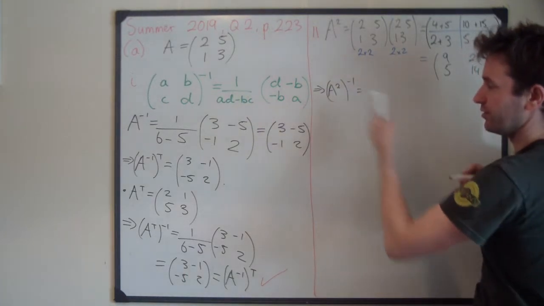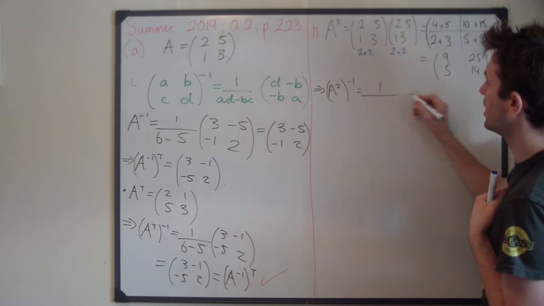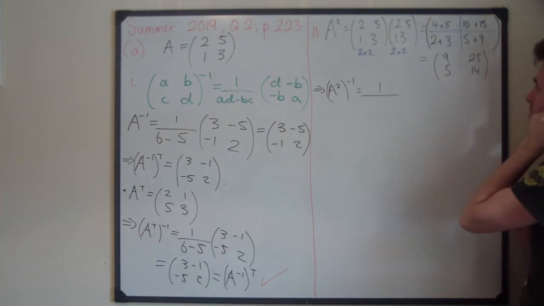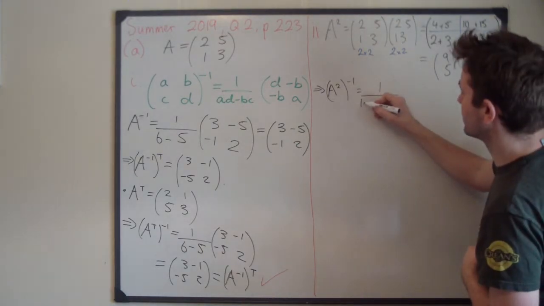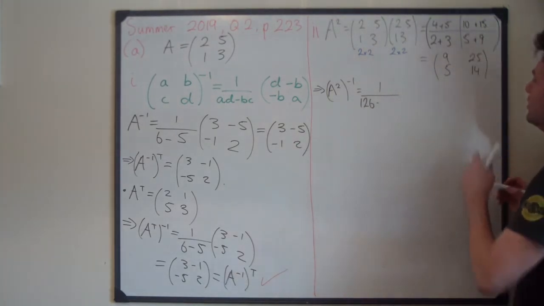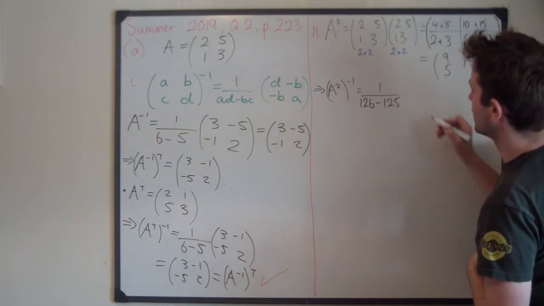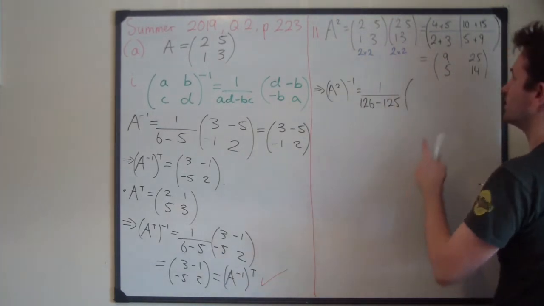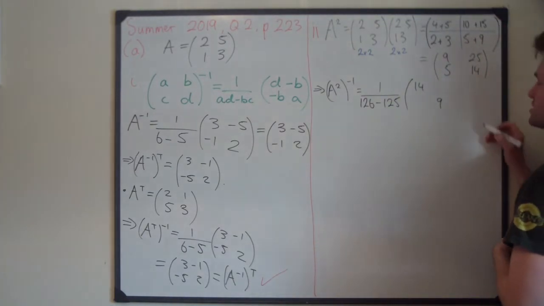So using this green formula here, do 1 over right down diagonals minus left down diagonals. 9 by 14 is 126, take away 5 by 25, which is 125. Then we swap the right down diagonals, 9 and 14 become 14 and 9, and change the sign on the other diagonal.